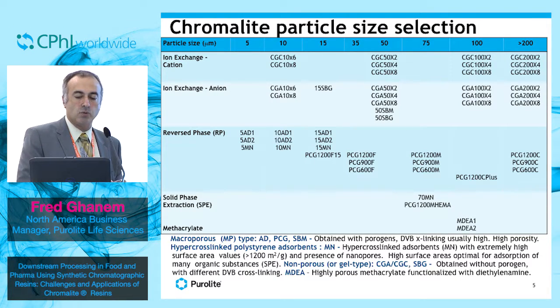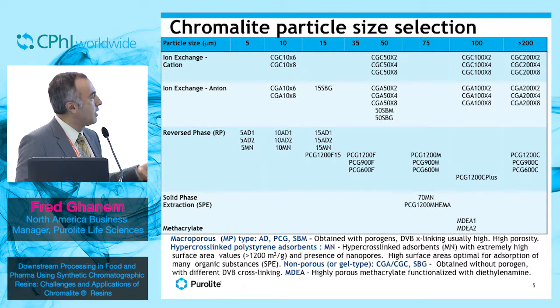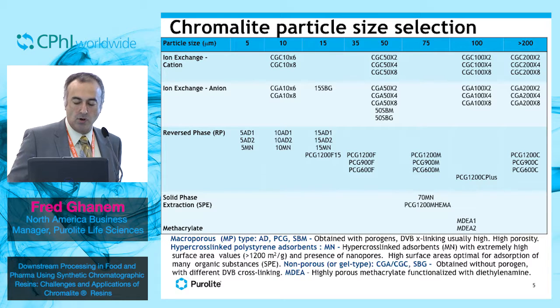It mainly deals with hydrophobic interaction, how hydrophobic molecules can be attracted to the surface of the bead. A lot of these products can be offered in solid phase extraction, small little columns, if you want to do some SPE application. And like I mentioned before, the methacrylate MDAE is a new product from Purolite for fine separation of small proteins and large peptides.